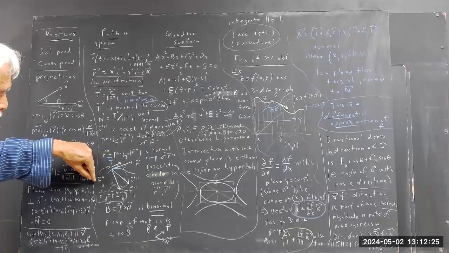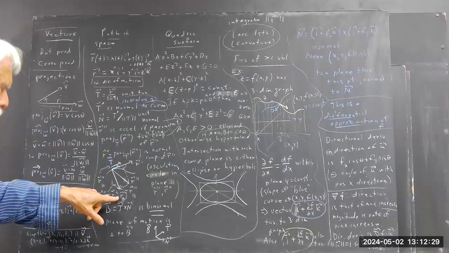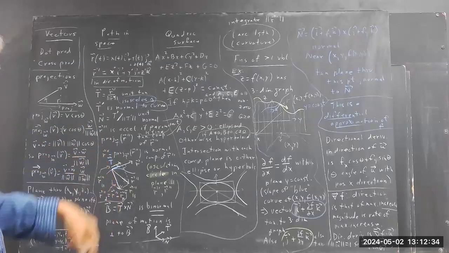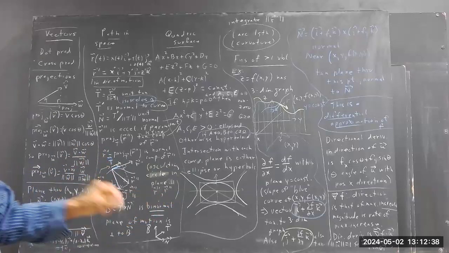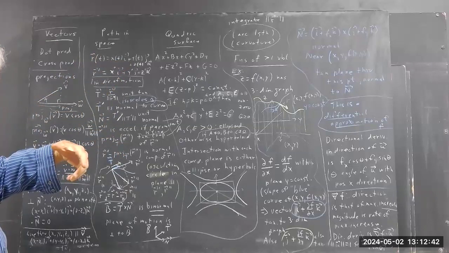Its magnitude is that of the perpendicular component of R double prime, which you can easily calculate. So you get the magnitude of this, there's your acceleration. That's equal to V squared over A.